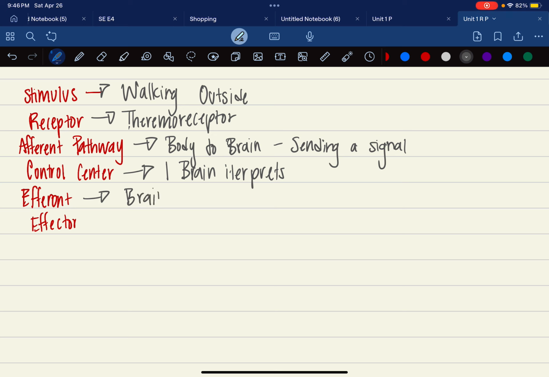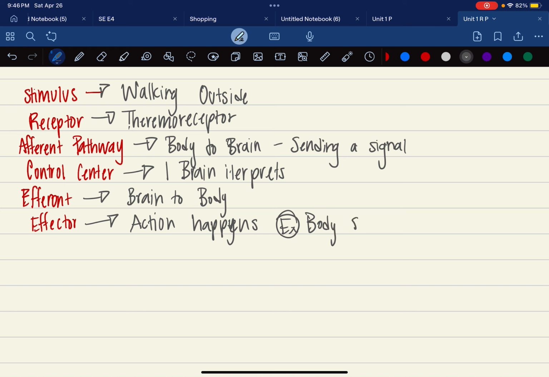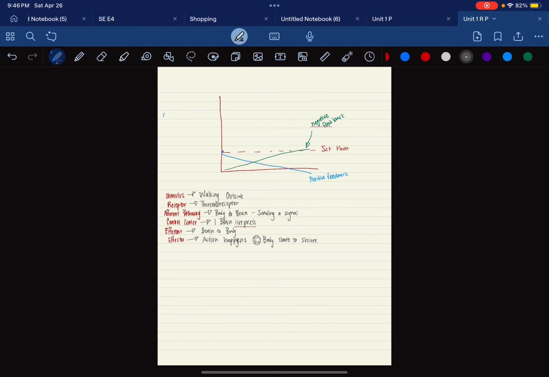Brain to body. And then an action happens. Like body starts to shiver. And so that's that.